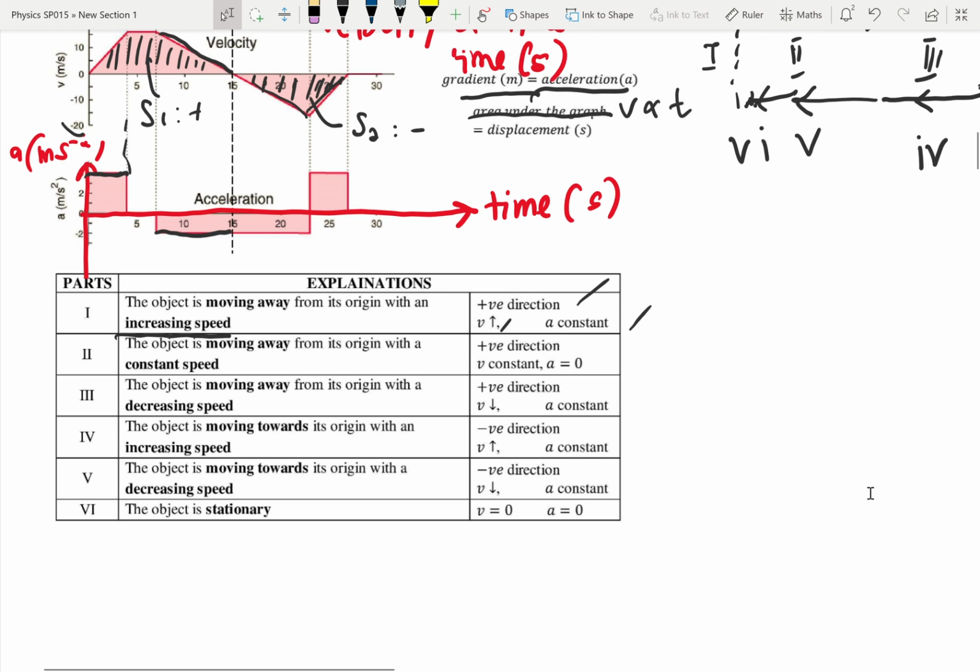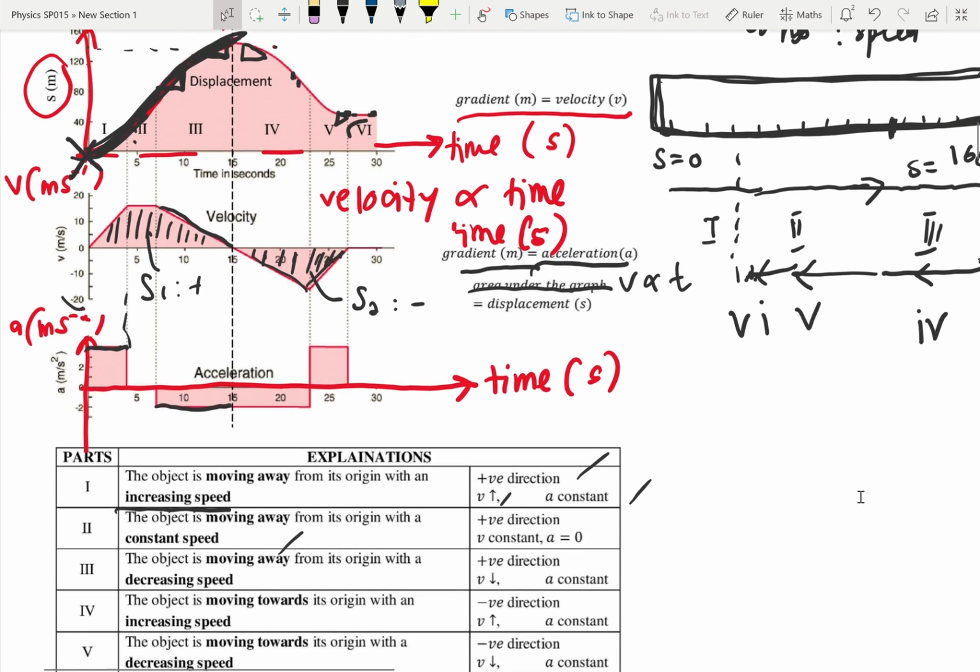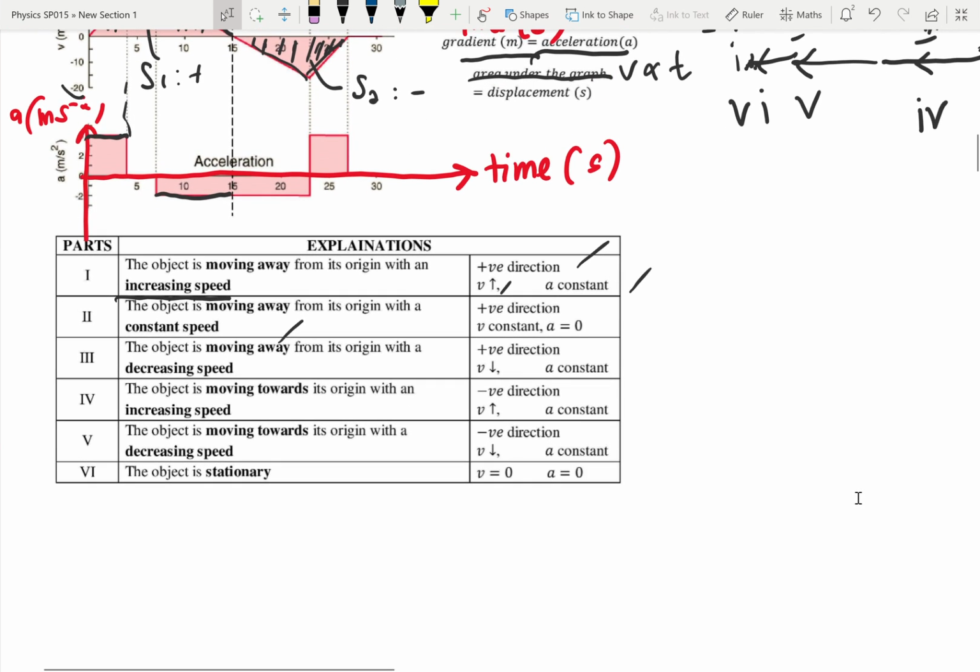And for part 2, the object is still moving from the origin with constant speed, in the positive direction, with v constant.